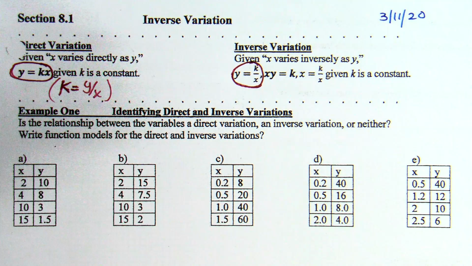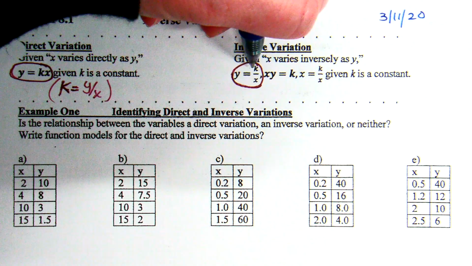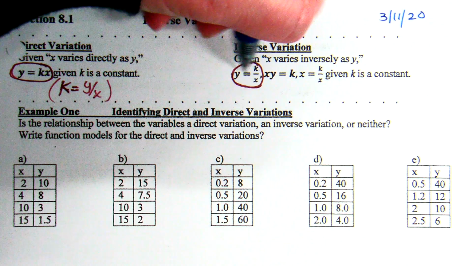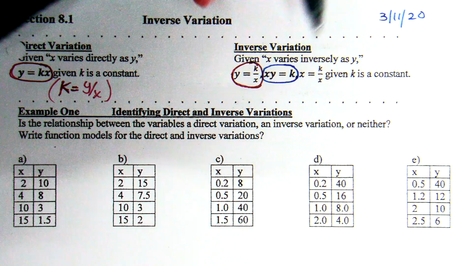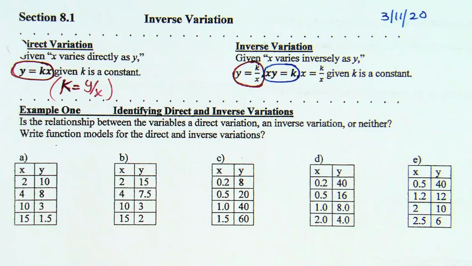If you solve it for k, since it's k divided by x, if you multiply that x over, the solve for k version is k equals x times y. And those are the two versions I most often use. This other version has a typo in it because, for one, it shows two x's.